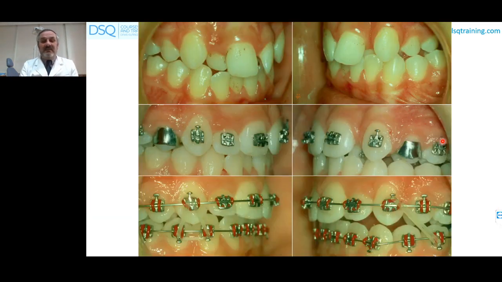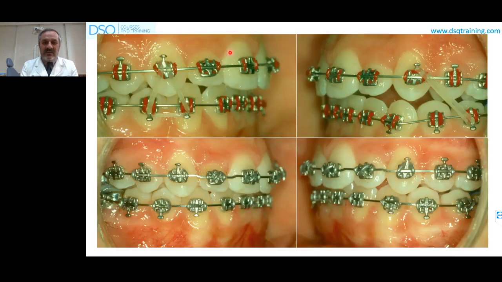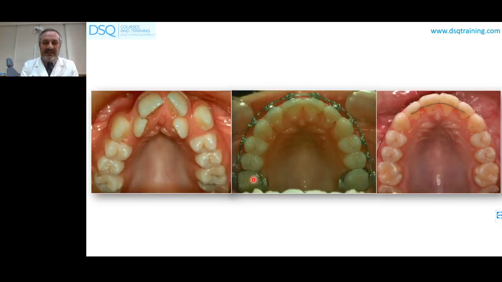In other cases, we need extraction, we need expansion, like in this case, opening the space for the lateral incisor, moving forward. We are using intermaxillary elastics to avoid the open bite, and now we are using the ligature in a figure of 8 to control the torque of the upper lateral incisor.